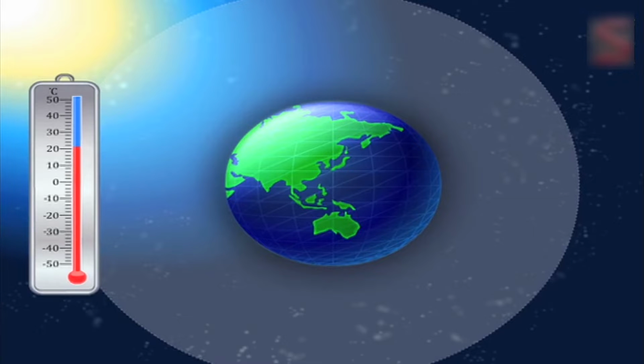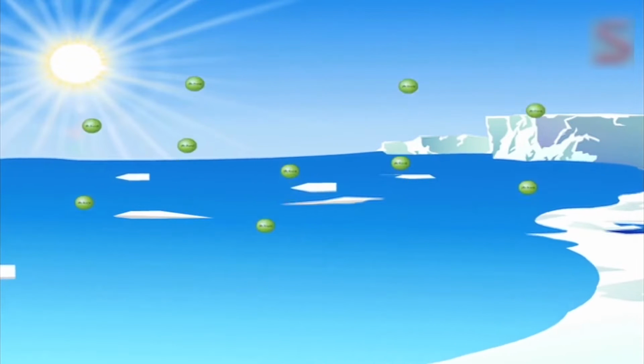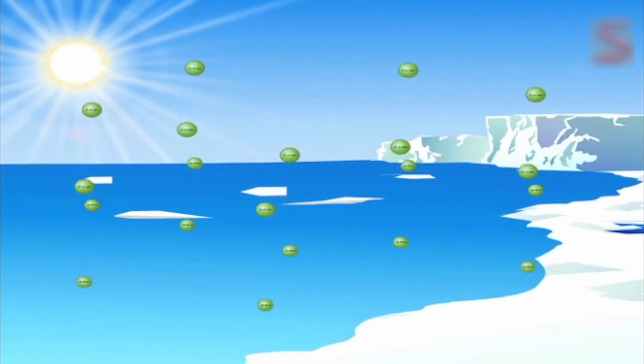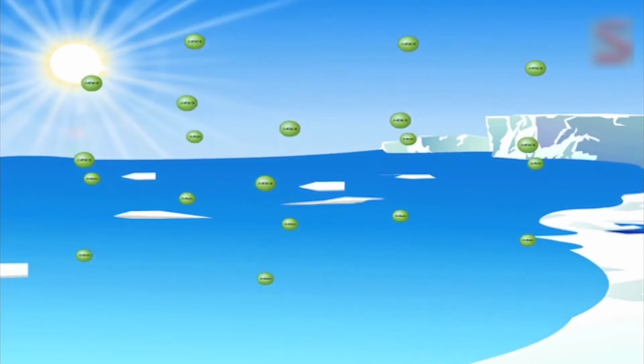This leads to an increase in the temperatures globally. This in turn results in more ice beginning to melt and releasing more and more methane. This happens like a cycle. Also, students, methane gas is more effective than carbon dioxide as a greenhouse gas.